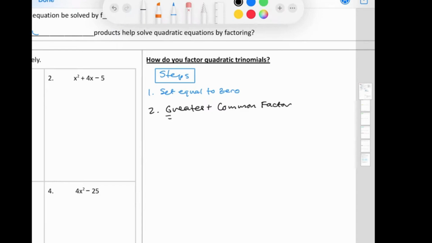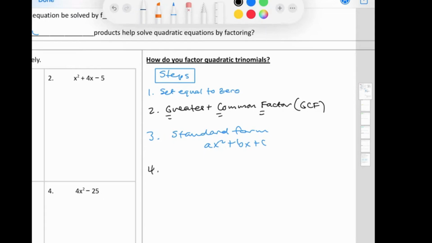And there might not be a greatest common factor, or GCF, but what it does, it makes our quadratics or a polynomial smaller. Number 3, put it in standard form, which we learned last lesson, in lesson 1.2, which is ax squared plus bx plus c.